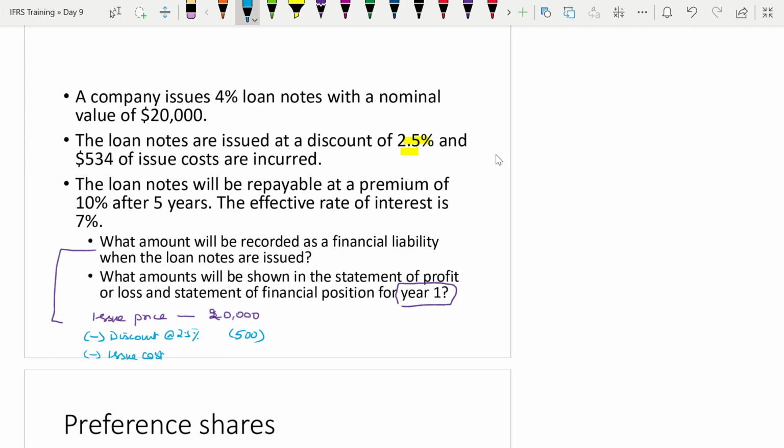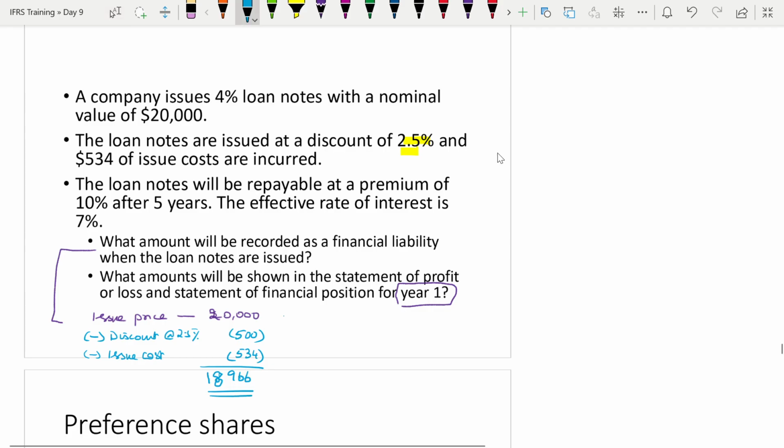How much issue cost? 534. How much is the net amount we will get? 20,000 minus 1,034. How much? 966 is the answer, 18,966. Are you clear about this?